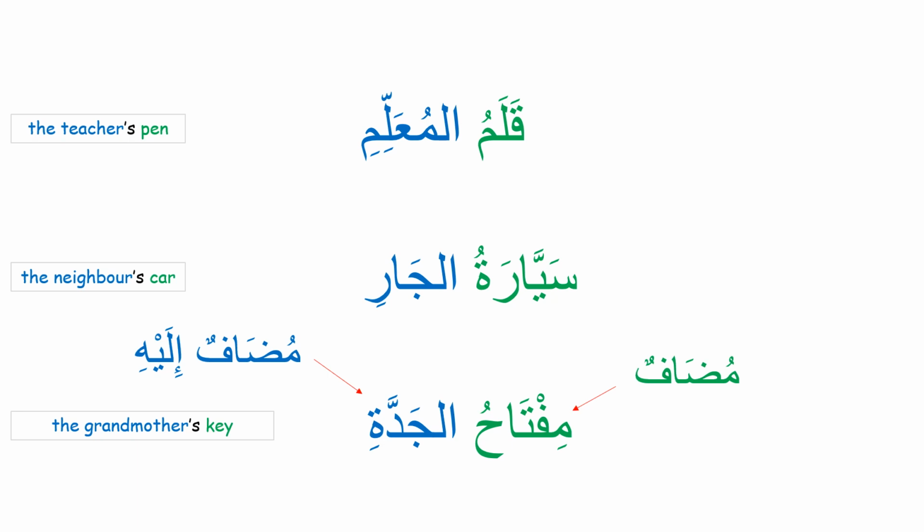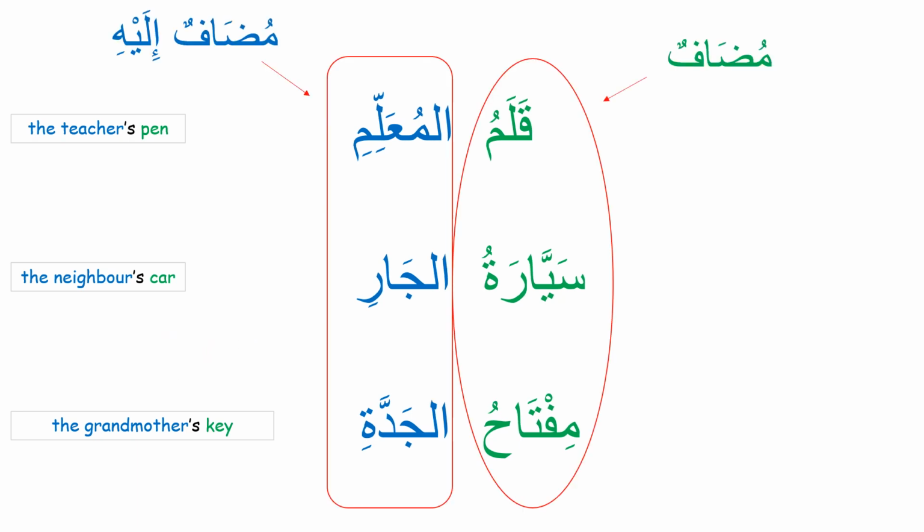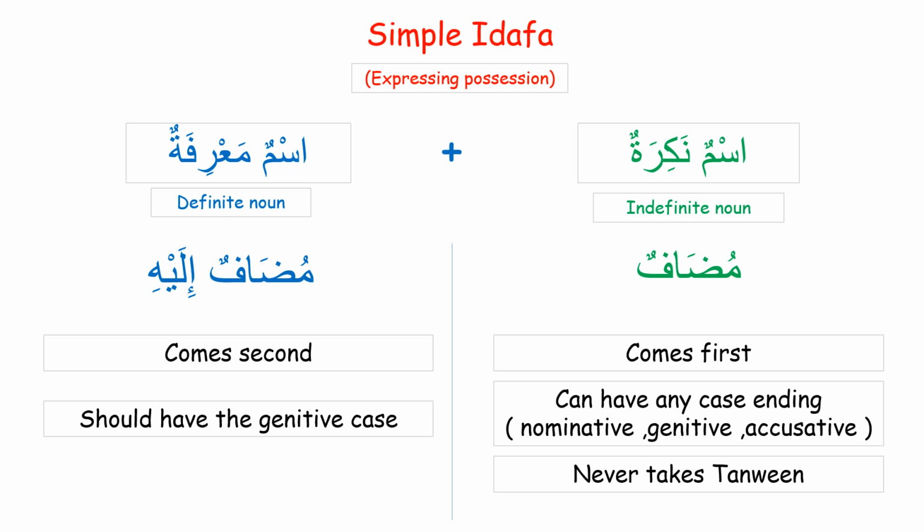Well done, everyone. So, in a nutshell, the principle of إضافة applies when two nouns are joined together to make one structure that conveys a possession relationship between two nouns, and it has two parts, مضاف and مضاف إليه. المضاف comes first and it can have any case ending, however, we will only focus on the nominative one for the time being.